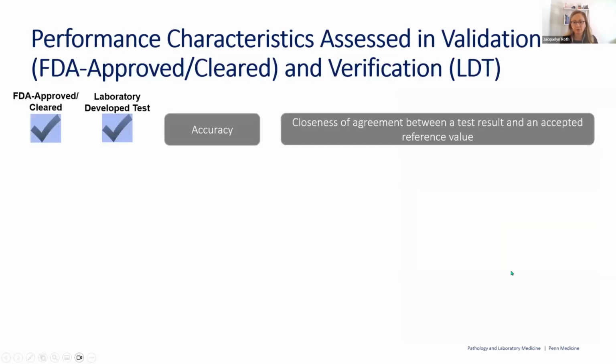So here are the characteristics that are going to be the bare minimum for either validating or verifying your test according to the CAP and CLIA regulations in the United States. You must test accuracy and determine that your test is equivalent to a gold standard test that is out there.